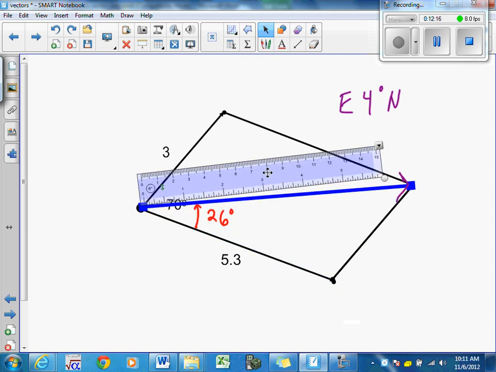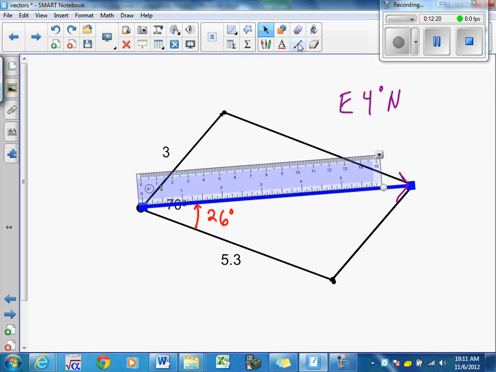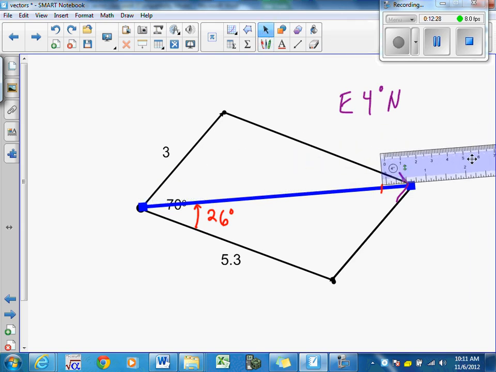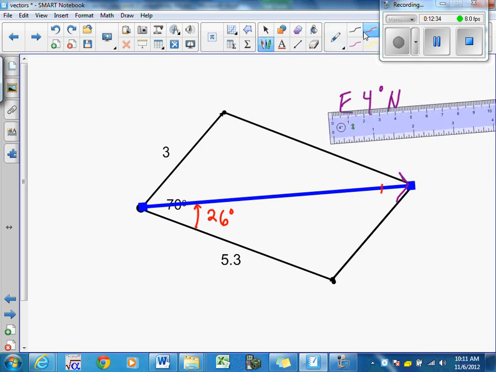So let's measure this side. There is 6.75. So my length is 6.75.